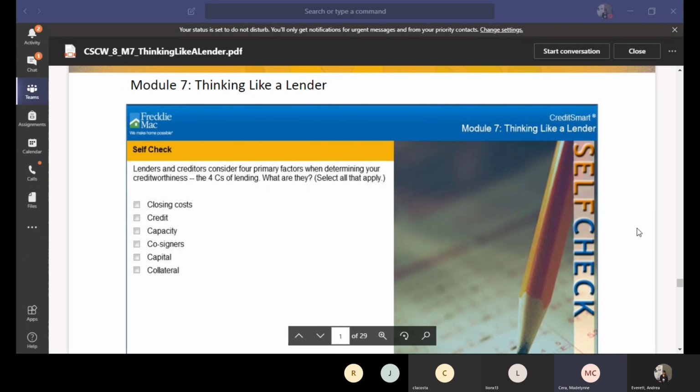Can somebody tell me what closing cost means though? When you buy a house or when you're getting a loan and when they're gonna accept the loan, you have to pay a closing cost. Great, good job. Okay, moving on.